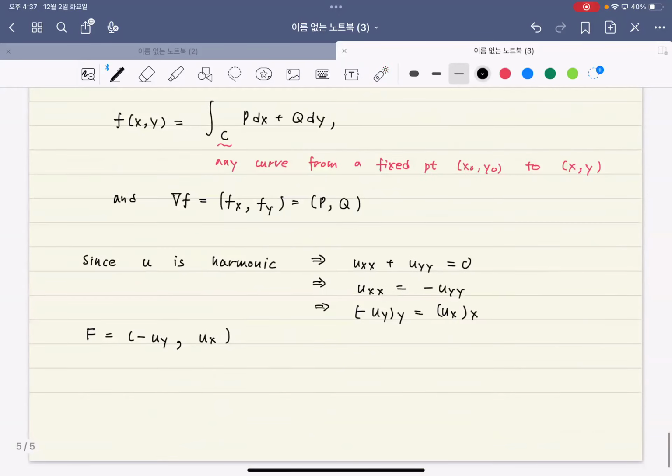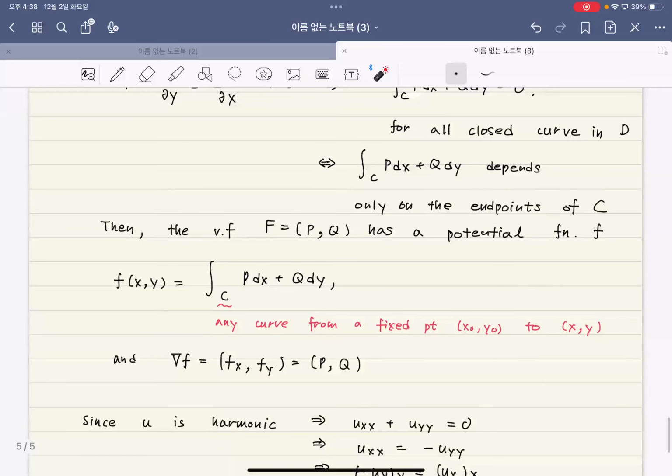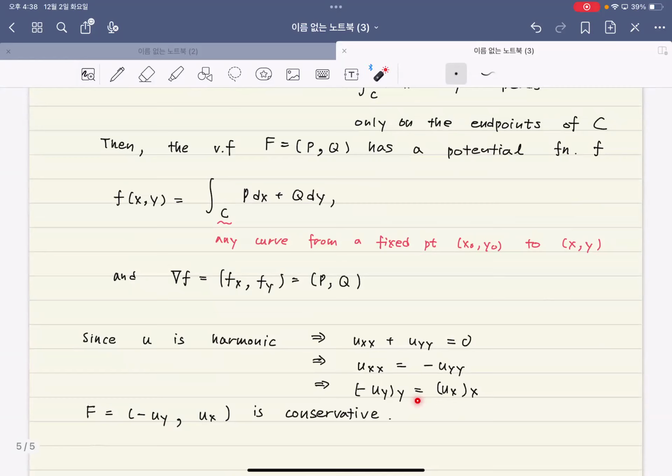So we can say this is conservative. Well, why is it conservative? The easiest answer is because of this: if this condition is satisfied, then this is conservative.